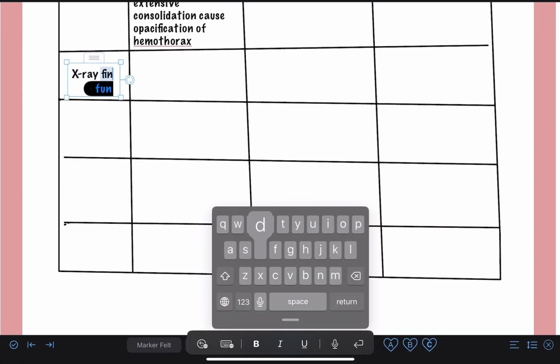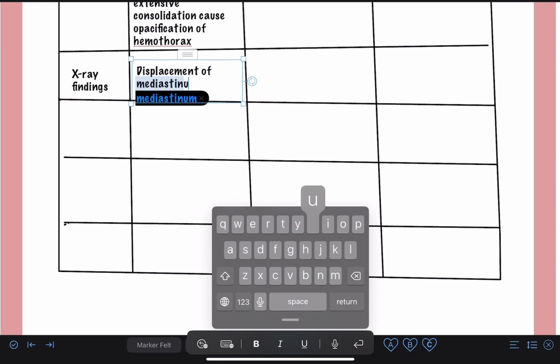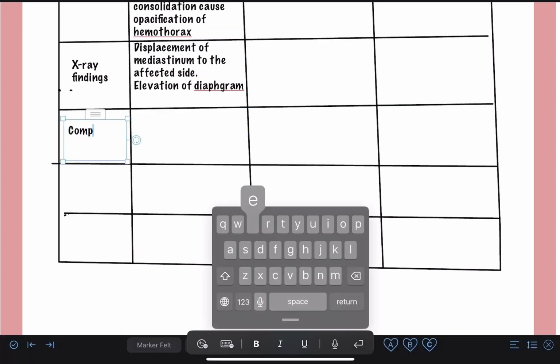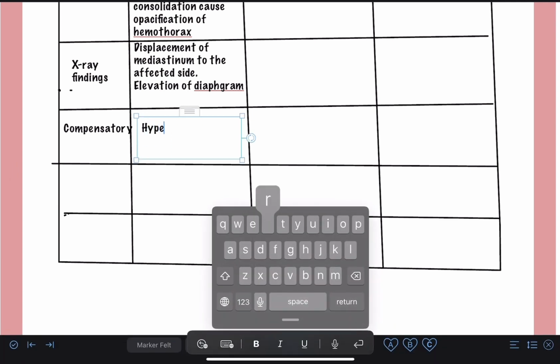The X-ray finding of a complete collapse is displacement of the mediastinum to the affected side and elevation of the diaphragm. Compensatory mechanisms which occur are hyperinflation of the contralateral lung and herniation across the midline.